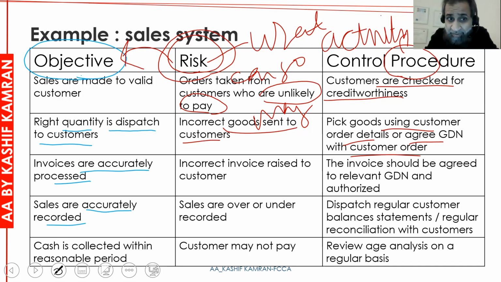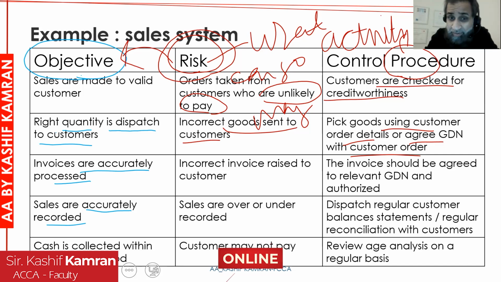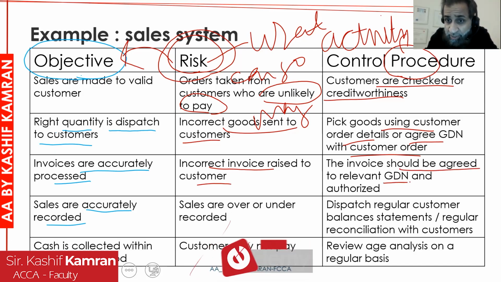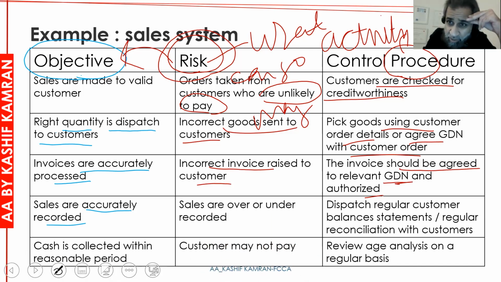Third, invoices are accurately processed. That's the objective. I want to ensure that. But incorrect invoice raised to customer is the risk. What procedure? The invoice should be agreed to the relevant GDN and authorized. How many goods have I dispatched to the customer? 100? Yes. And the invoice says 10 units.